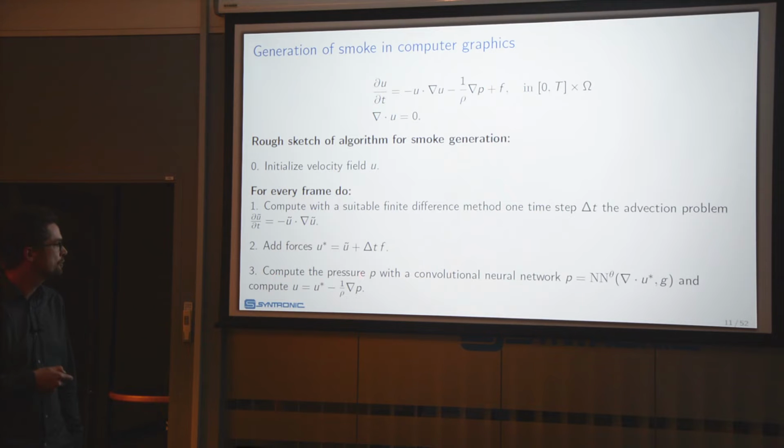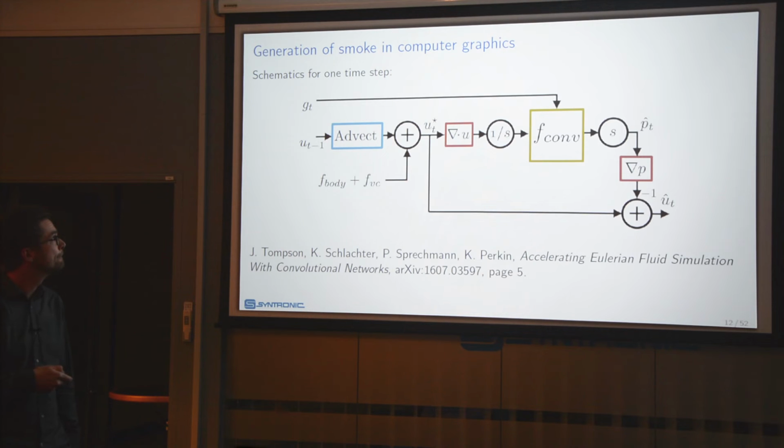and then you compute the pressure P with a convolutional neural network, which takes the numerical divergence of this field as input, as well as G, which codes the geometry of the domain, for instance, the arch. And then the final velocity field is computed this way. And this is visualized in the paper also.